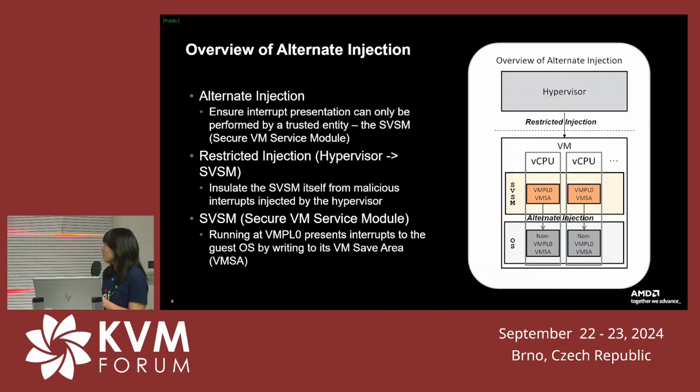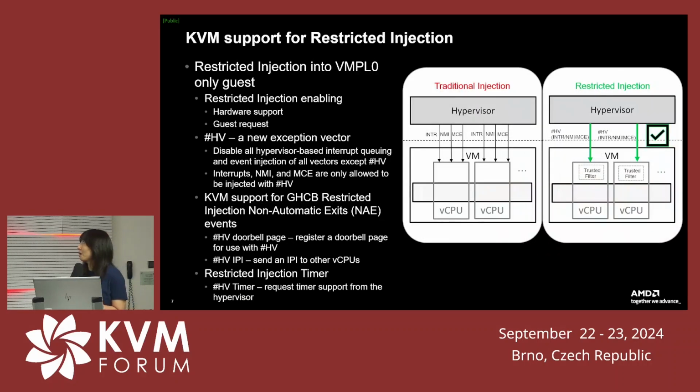To support this scheme, the following is what we need to do. So first, we need KVM support for restricted injection into the VMPL0-only guest. In the traditional injection, the general interrupt, NMI, and machine check will be injected into the guest OS directly.